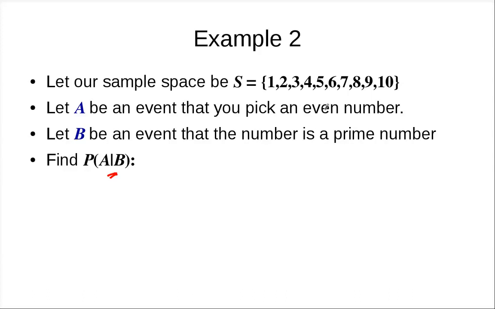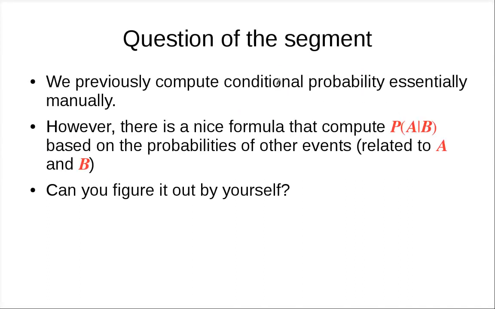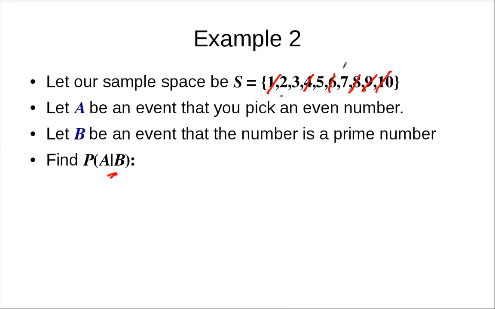All right, let's kill off the non-prime number 1. So you have 1, 2, 3, 4, 4 numbers left. And in the even number, there's only 1 left, right? So it's 1/4.